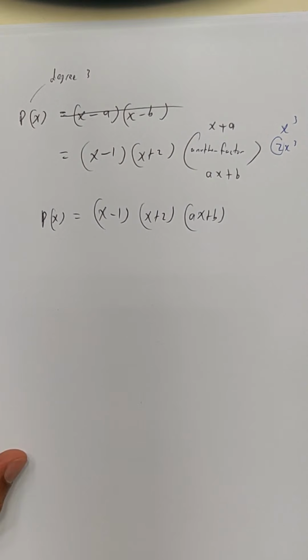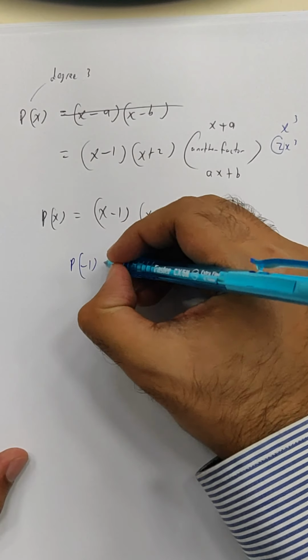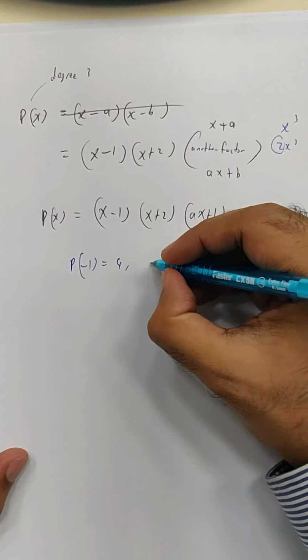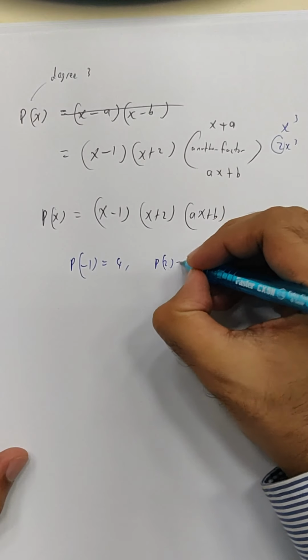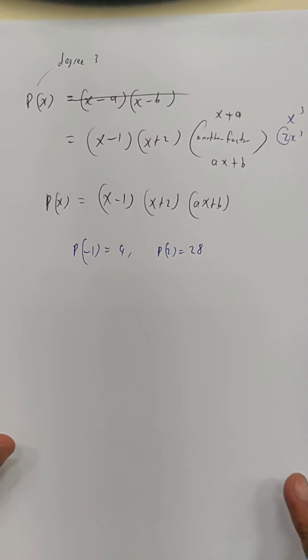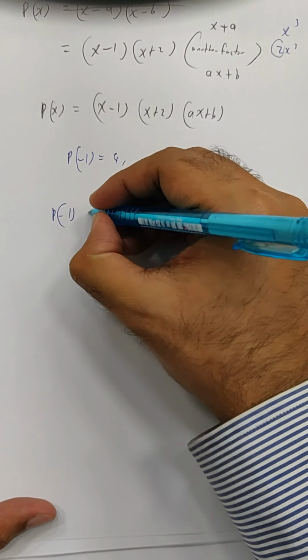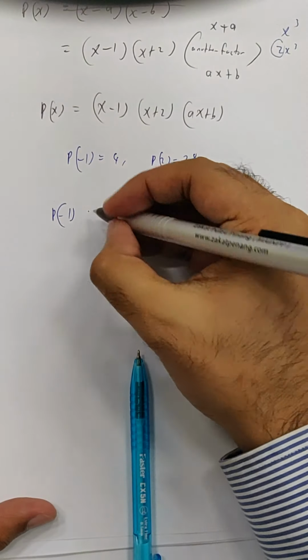Okay, we are also told two remainder theorem equations, where P(-1) equals 4 and the other one, P(2) equals 28. So what we just need to do is substitute these two values. So what do we get?